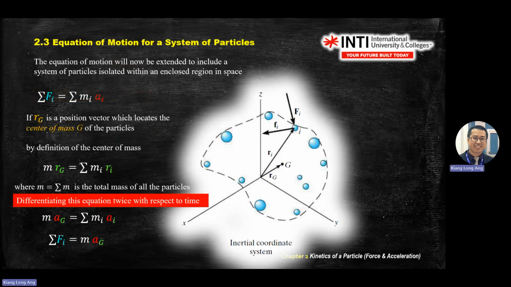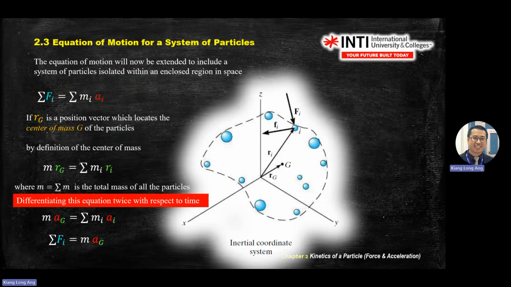Okay, center of mass. In your foundation or secondary school, you know how to find the balance point or center of mass for the object. In statics, you learn about Ixx, Iyy, Izz, all these things.